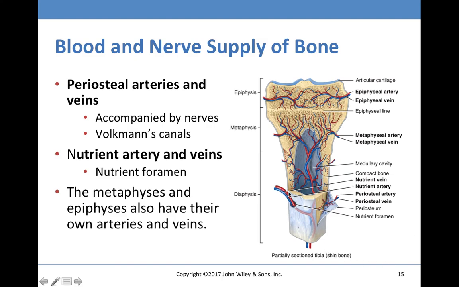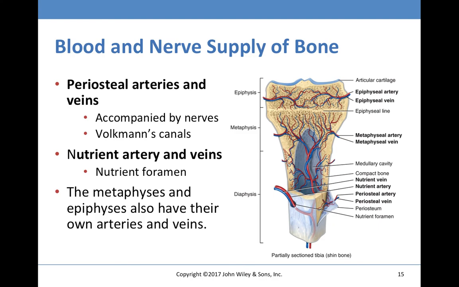This nutrient artery and vein passes through the nutrient canal, also known as the nutrient foramen. A foramen is always going to be a hole. So this nutrient artery and vein will pass through the nutrient foramen, and it will send branches into our Haversian canals to provide the nutrients for the osteocytes.